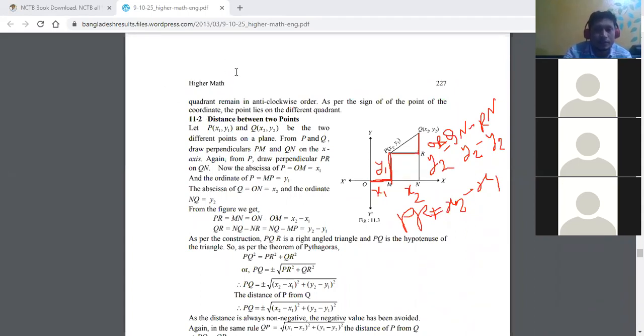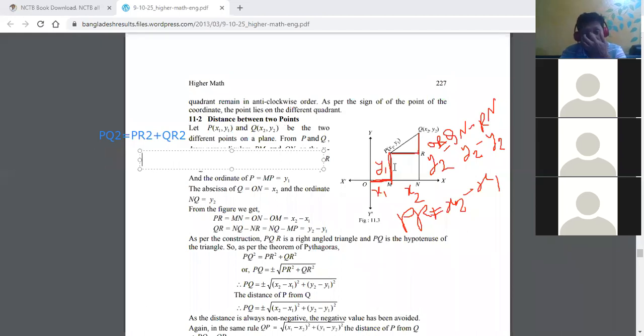Suppose we want to know PQ. So PQ square equal to PR square plus QR square. PR square, very easy to know. PR square plus QR square. So if we apply the formula here, PR square is x2 minus x1 whole square.